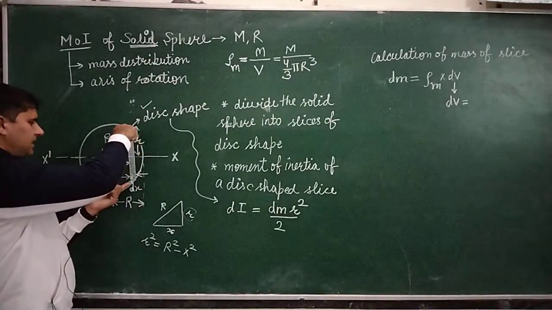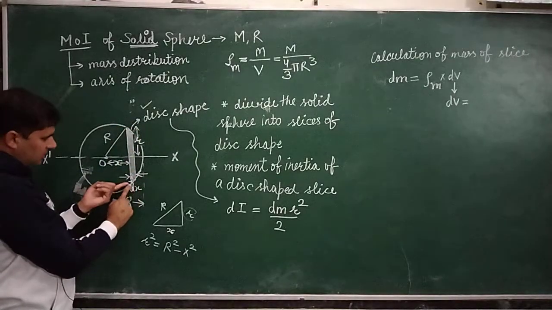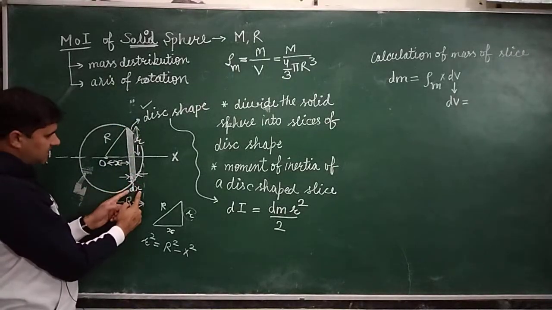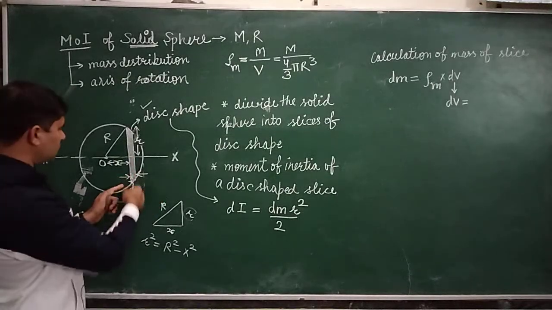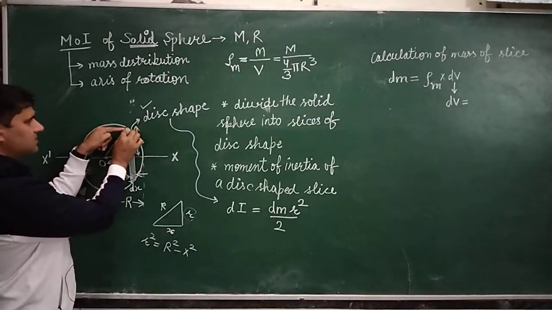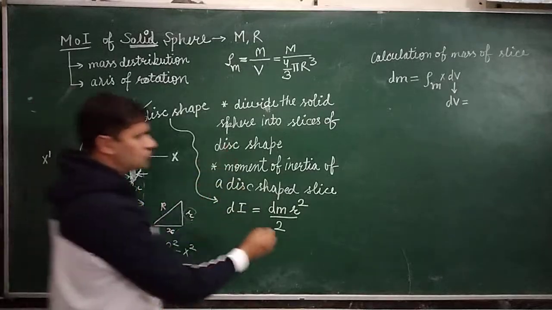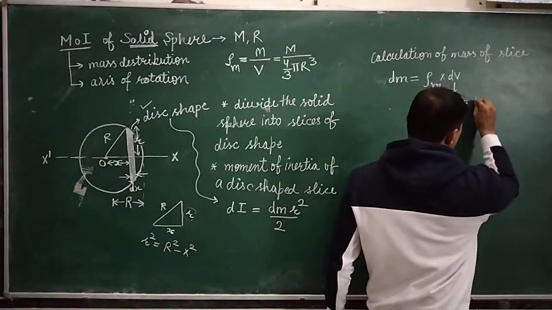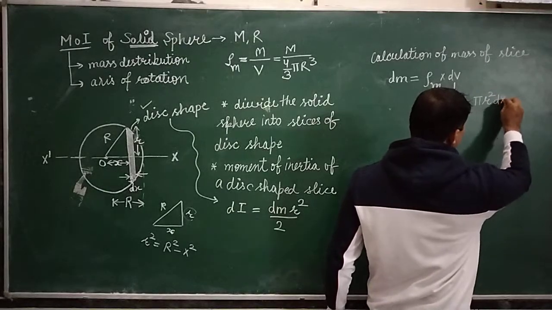If you know the area and multiply it with the thickness dx, then you will get the volume. The area of the disc is pi r square, so the volume will be pi r square into dx.